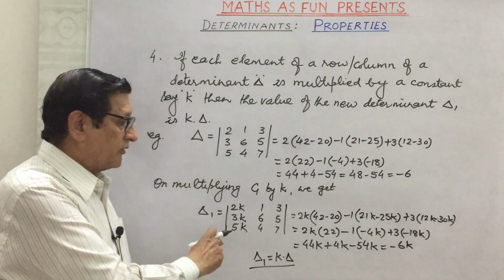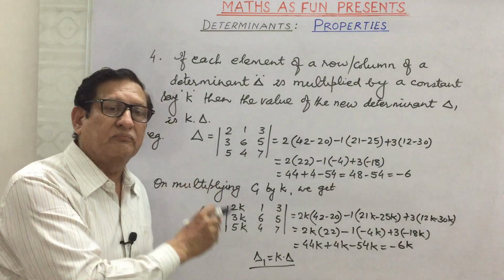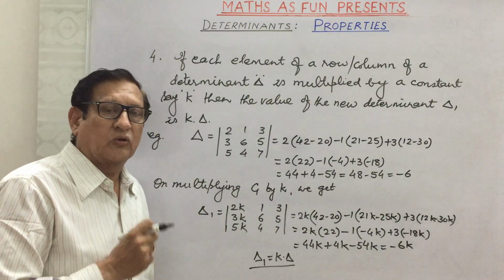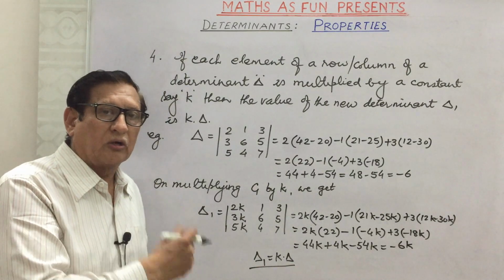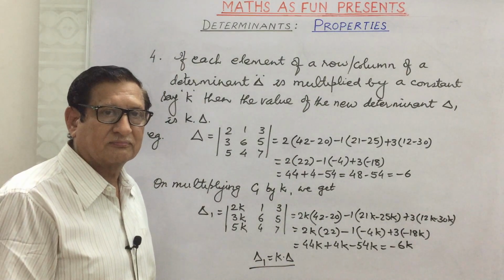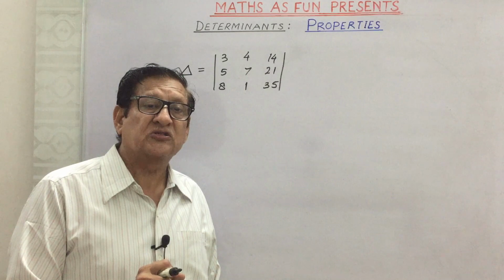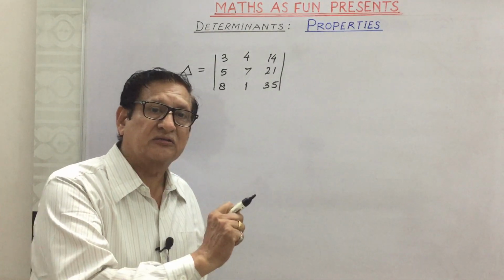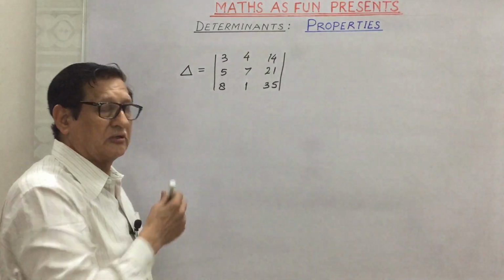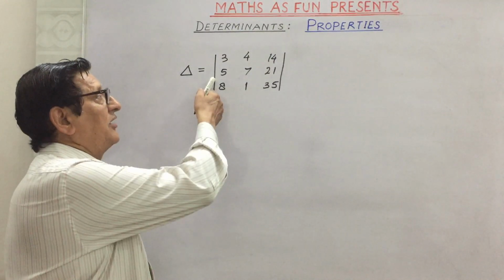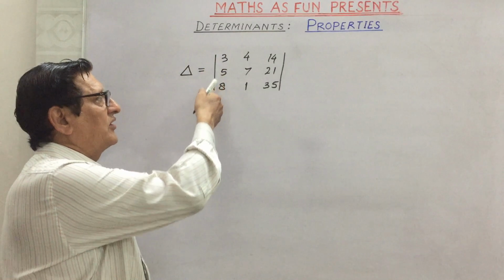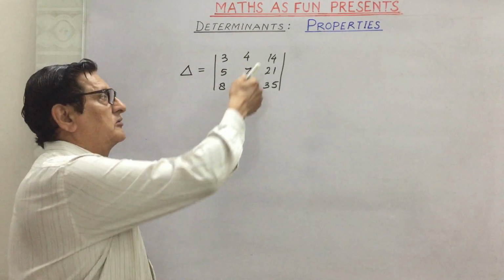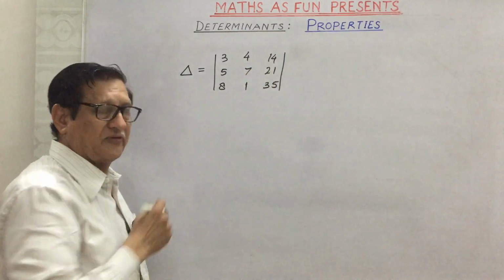The same property can be used to take some number common from any row or any column of a determinant. How can we apply this fourth property in taking something common? Let's understand it by taking a determinant having the elements in column 1 as 3, 5, 8, in the second column 4, 7, 1, and in the third column 14, 21, 35.